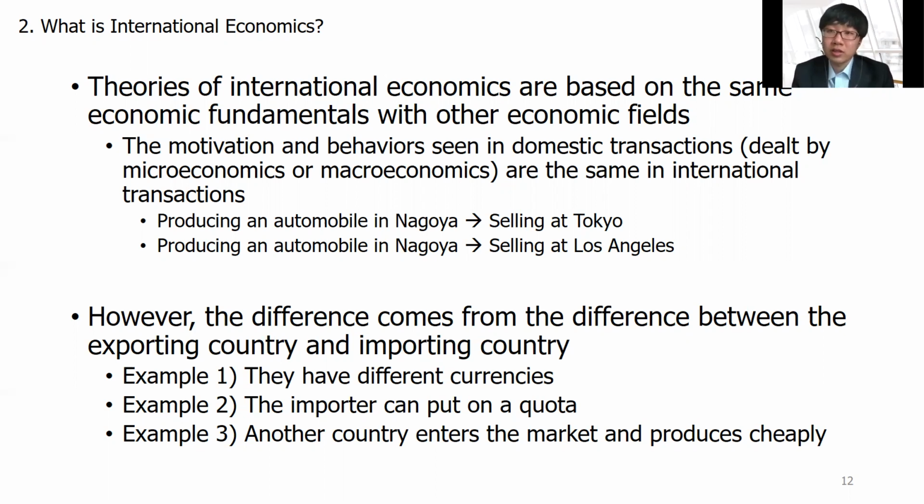So that's where the competition starts. And at the international level, this kind of international competition is one of the most important concepts. So there are many, many things going on in different countries, and lots of topics to be covered when we are studying international economics.